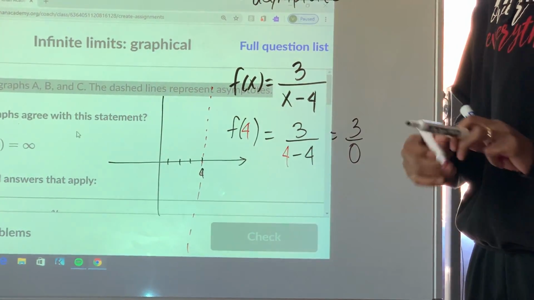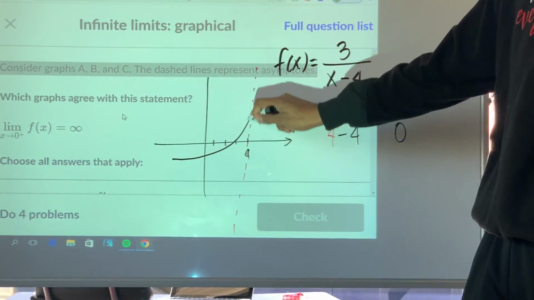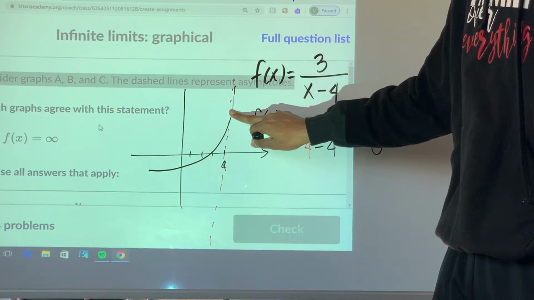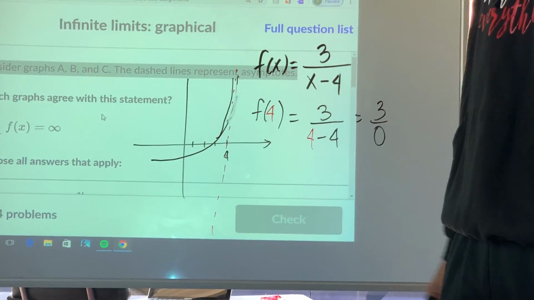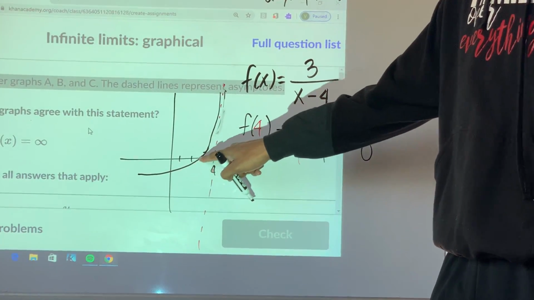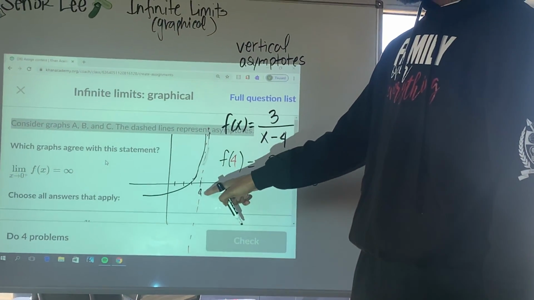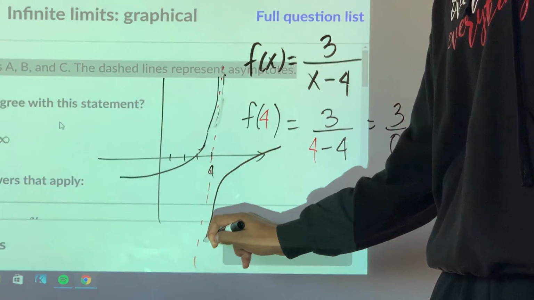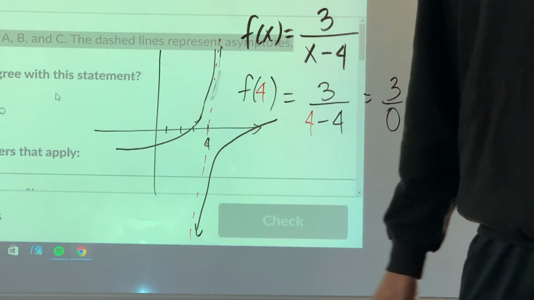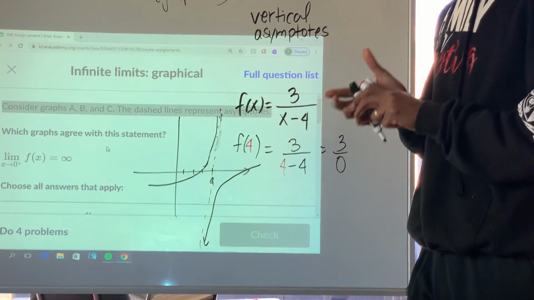It could get very close, but before it gets to it, it starts going up. So it approaches x equals 4, or it can approach it and go down, but it'll never actually cross it. Okay, so with that in mind, let's look at our first example.